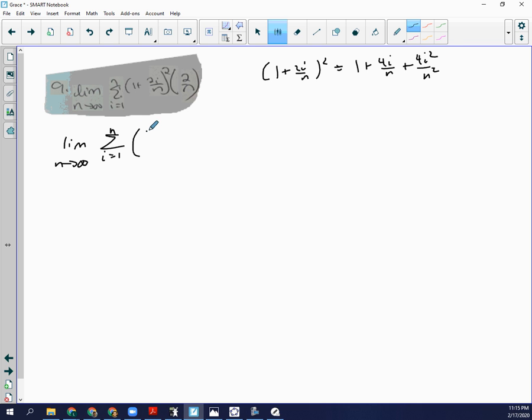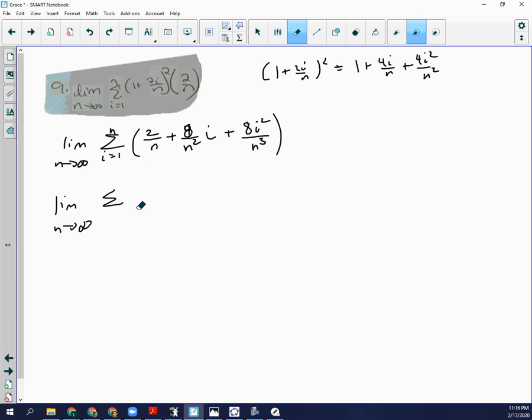So we've got 2 over n plus 2 over n times 4i over n, which will be 8 over n squared times i, plus 2 over n times 4i squared over n squared, which will be 8i squared over n times n squared, n cubed. Oh, shoot, that should be an 8 over here, too. Now, we do our substitution.